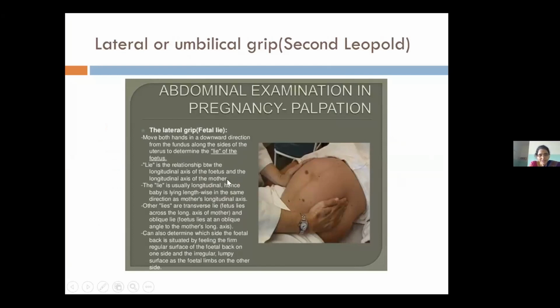If it is a longitudinal lie, the longitudinal axis of the fetus corresponds with the maternal spine. Then you have to see which side is the fetal back, whether it is on the right side or the left side. On the side of the back, there will be a uniform board-like rigidity. And on the opposite side, you will feel the small, irregular, lumpy limb buds. By this, you can differentiate to which side is the fetal back.